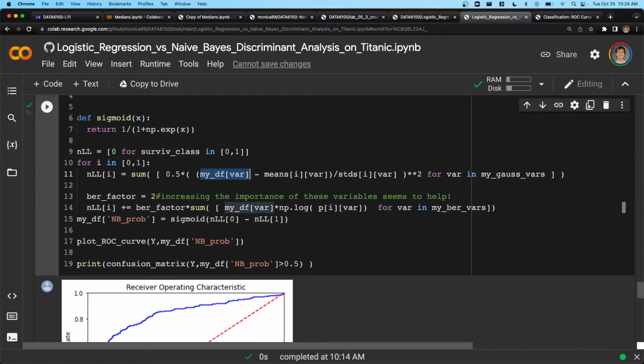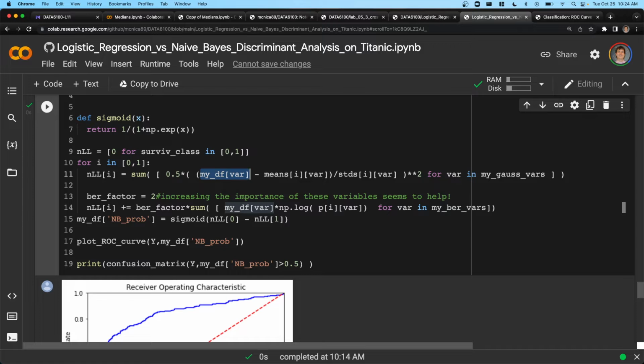Let me write on the board what we're doing. We're not using this 2-class thing; we're going to use this 3-class thing in a sec. So for every observation x, we compute the probability of x given y equals 0 and the probability of x given y equals 1.